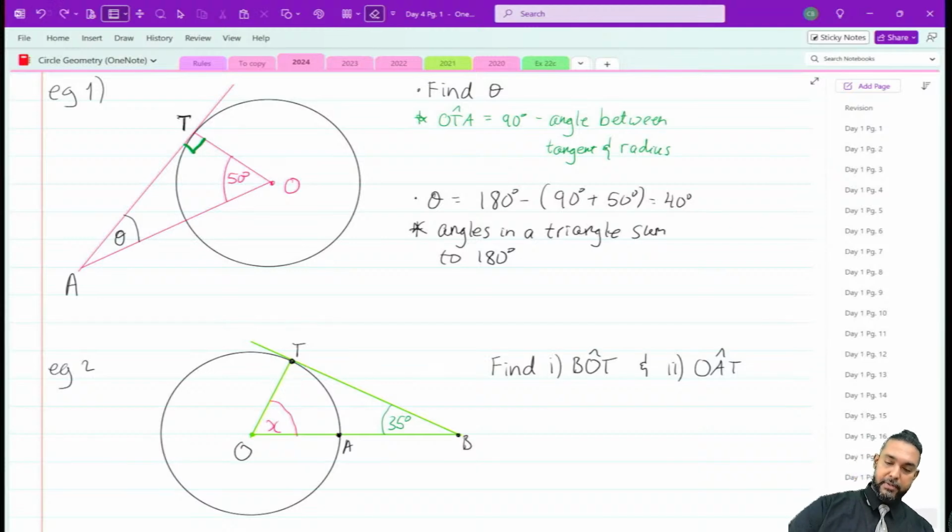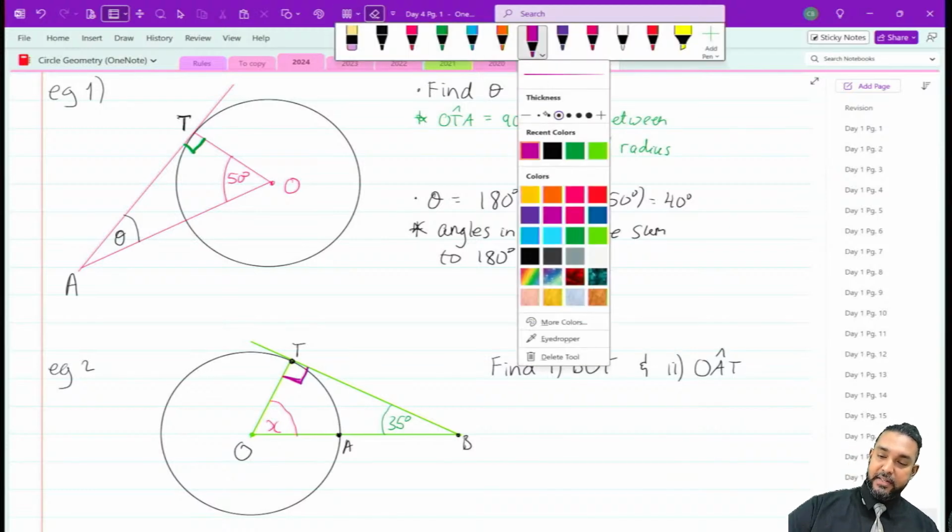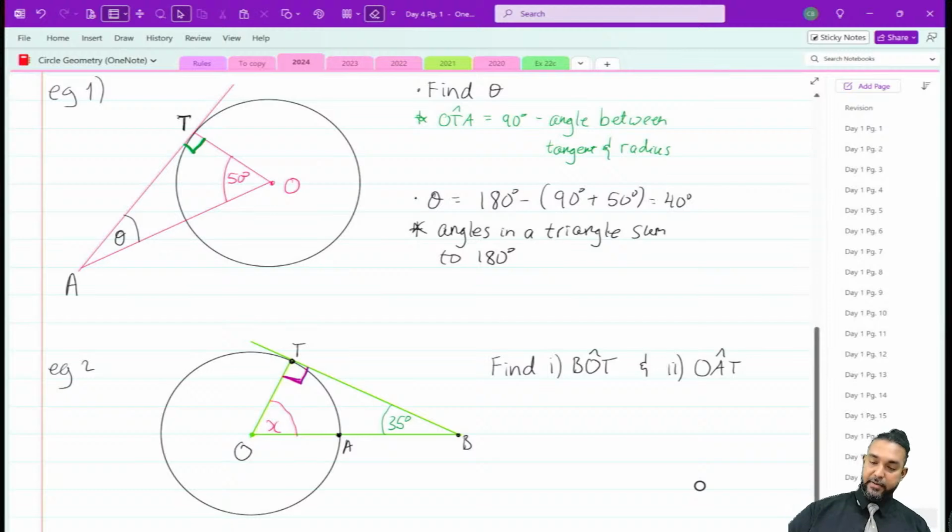Let's see if I can draw it a little better. Right, so we have that angle there, 90 degrees. So if you want, you could even start off by citing that. Now, you don't have to start off by citing that, but I will, just to get it out of the way.